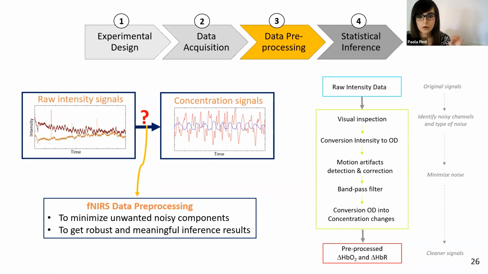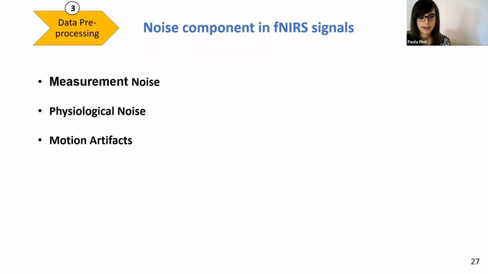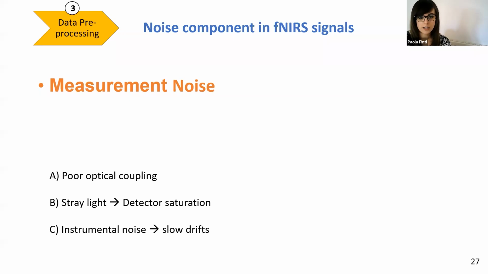So let's now have a quick look at what type of noise we can find in our fNIRS data. I divided these into 3 main categories: measurement noise, physiological noise, and motion artifacts. In terms of measurement noise, this can arise from, for example, a poor optical coupling.